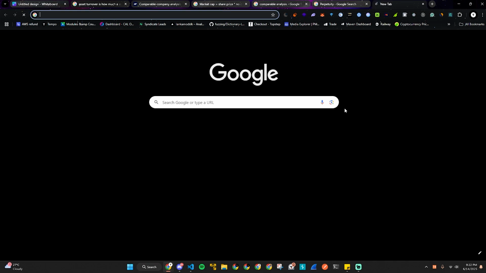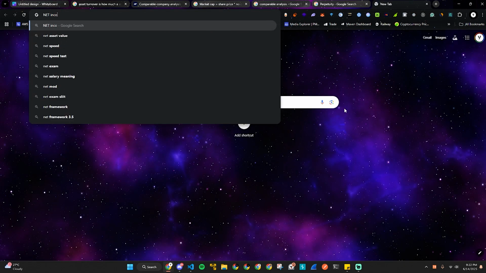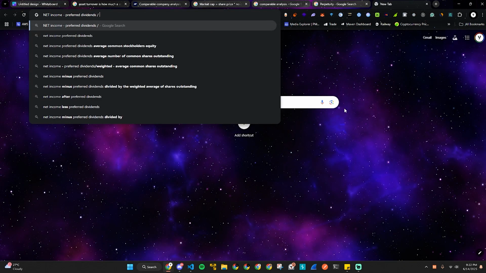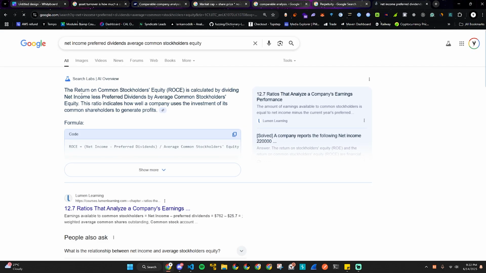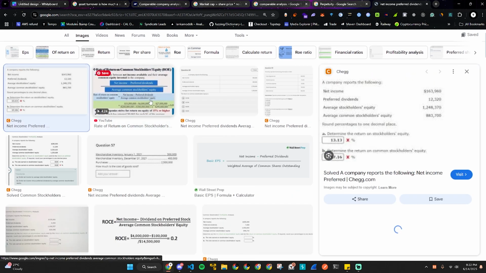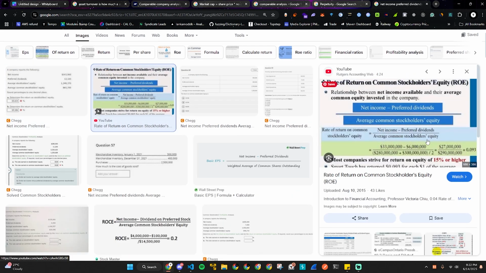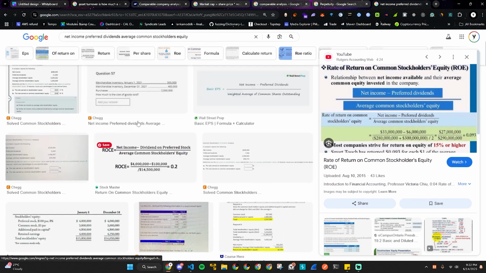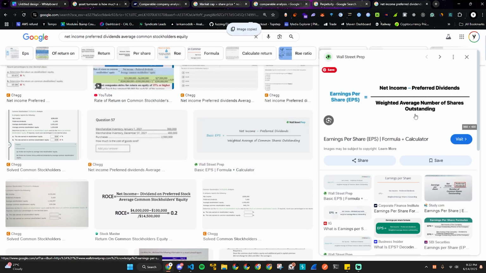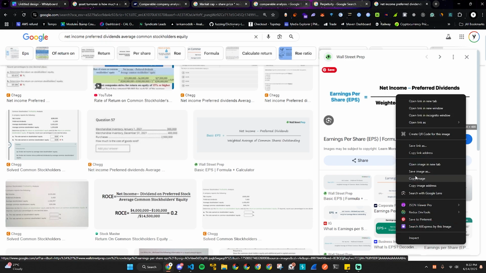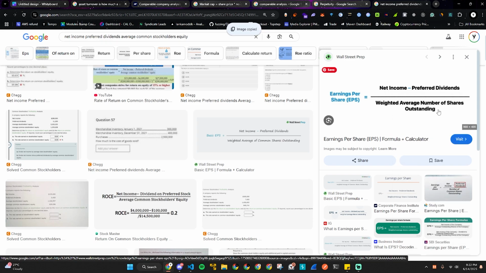Net income minus preferred dividends over average common stockholders equity. Average number of outstanding shares, so that's private and public. So earnings per share, weighted average number of shares outstanding.